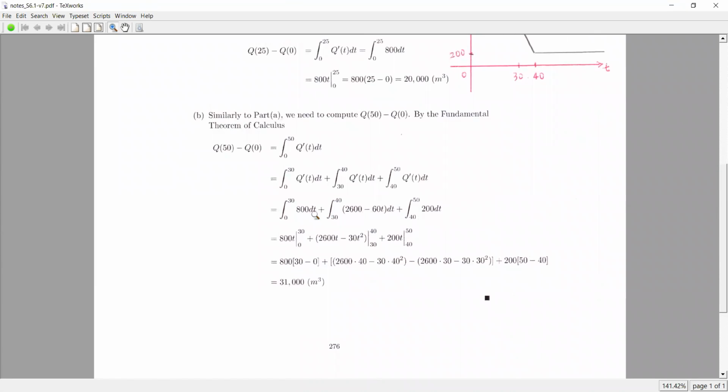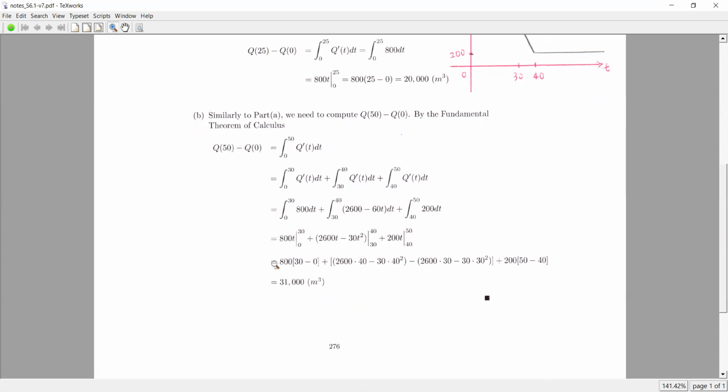To find the integrals here, I use the fundamental theorem of calculus. The antiderivative of 800 is 800 times t. And 2600 minus 60t has this antiderivative. The antiderivative of 200 is 200 times t. Now, plug in the upper limit and lower limit in t, for each of the three integrals.